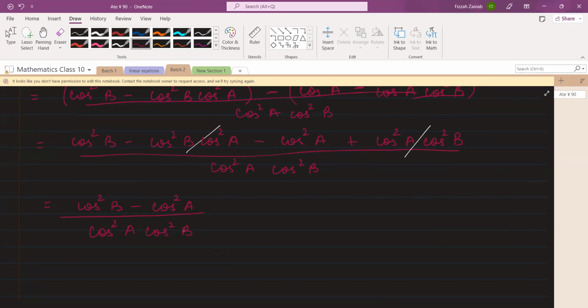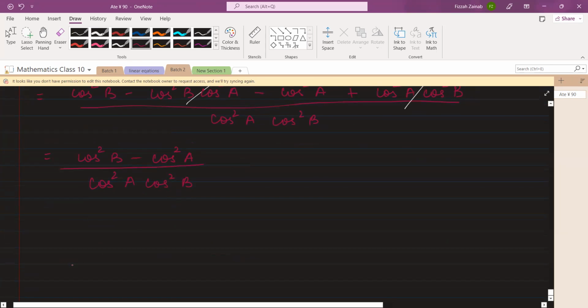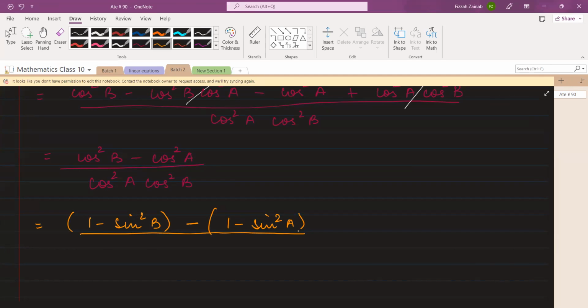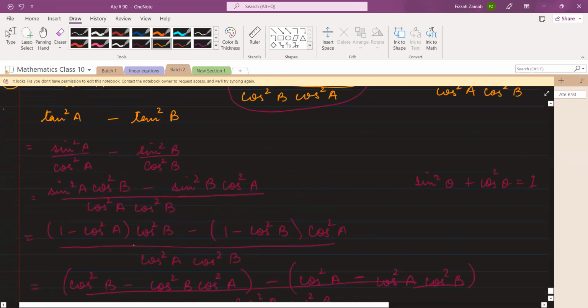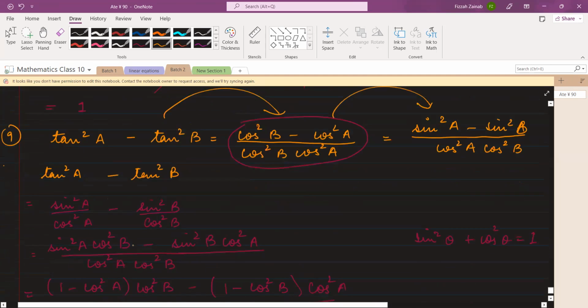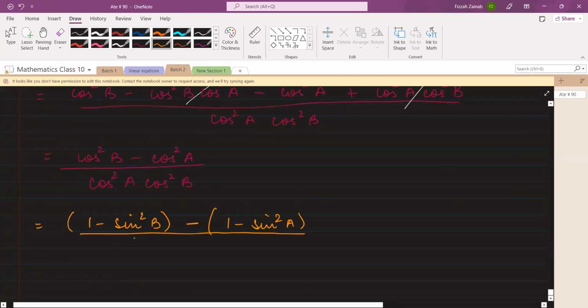Yeah, so the first step is okay. Now you want to change this into sine. So again, you can convert this into sine by using the earlier identity. So this cos square B, I can write 1 minus sine square B, then minus 1 minus sine square A. What do you want in the numerator? The numerator is in terms of cos, so don't disturb the denominator.